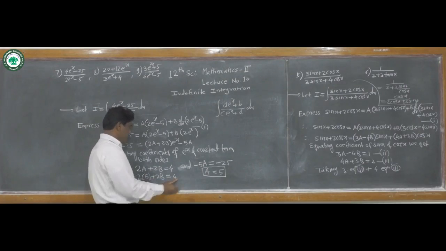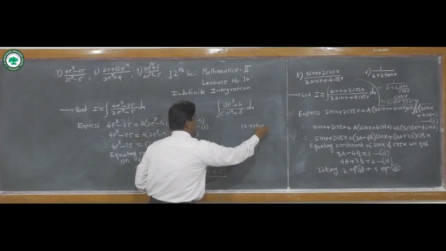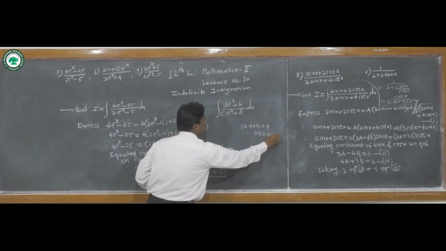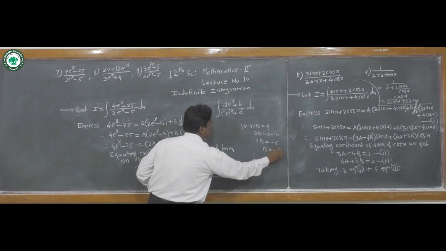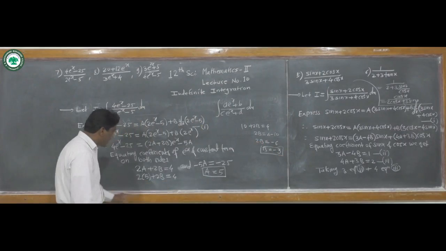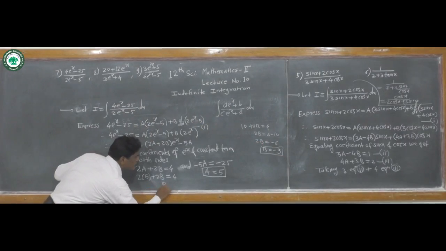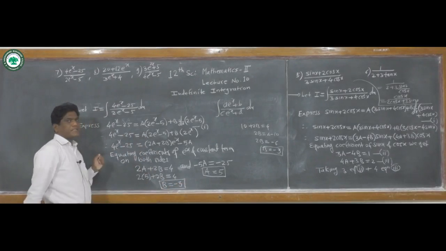Therefore twice b is equal to 4 minus 10, so twice b is equal to minus 6, and therefore b is equal to minus 6 upon 2, that is minus 3. So I write directly b is equal to minus 3.